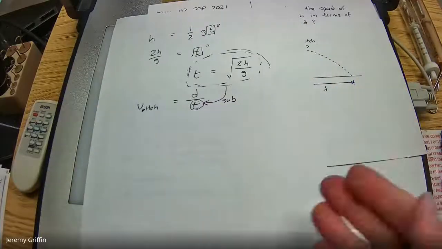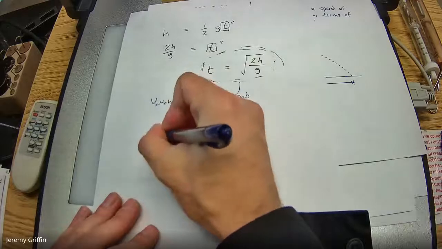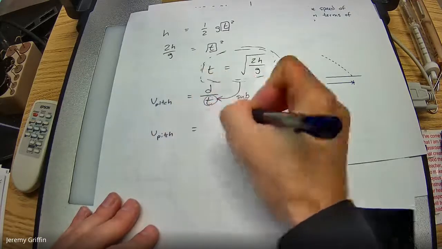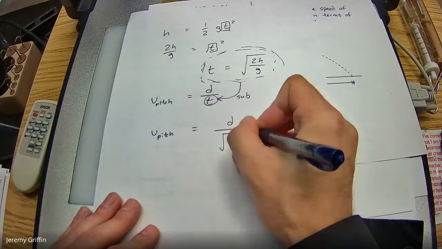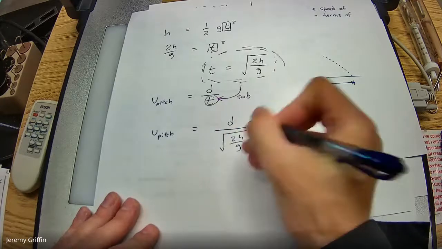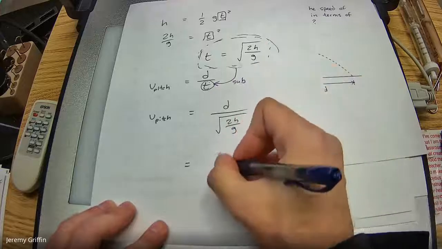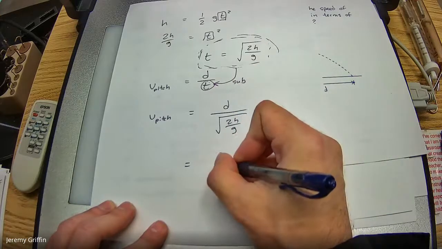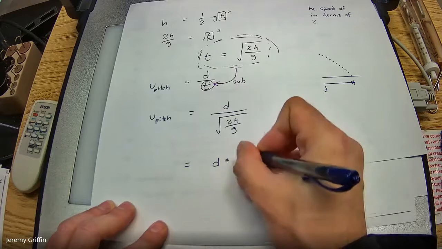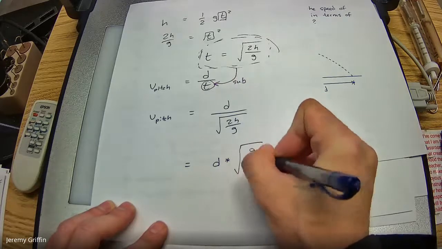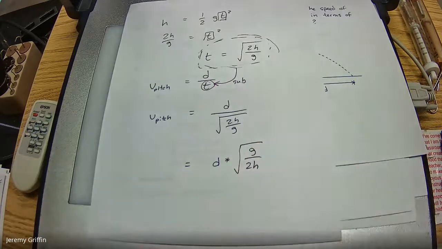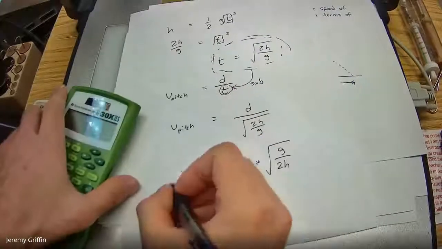So I guess you could even switch planets if you were super excited about this. That'd be d divided by square root of 2h on g, a fraction within a fraction. That works out to be, flip this guy, distance multiplied by square root of g on 2h. And so that's the speed of the pitch.